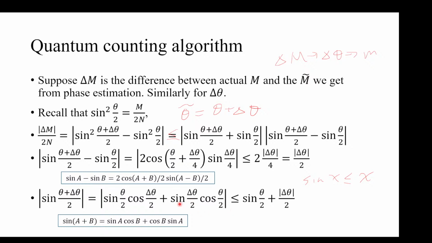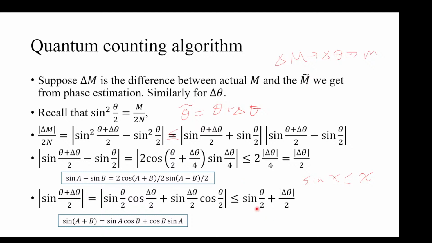This is less than or equal to, and then we just drop all the cosine terms, because once again cosine is less than or equal to 1. So this is less than or equal to sine theta over 2 plus sine delta theta over 2, which is less than or equal to delta theta over 2.